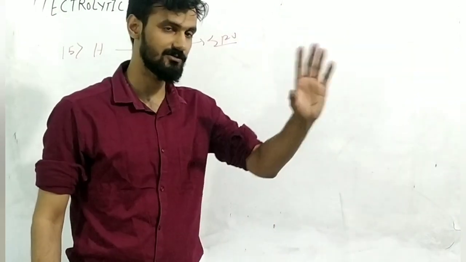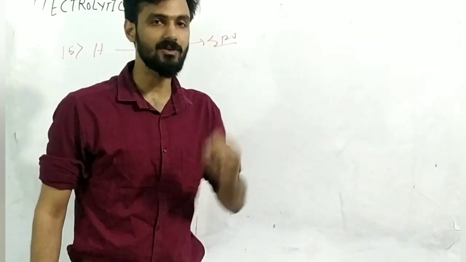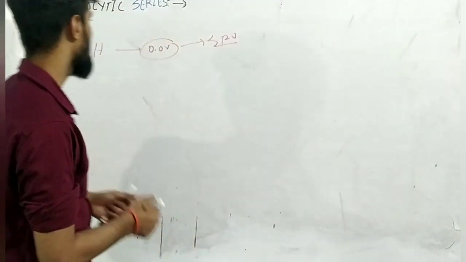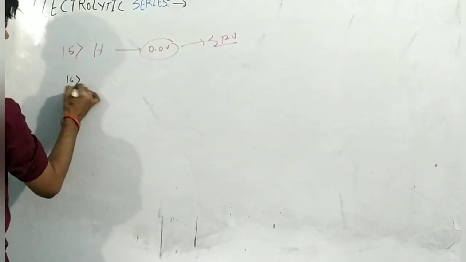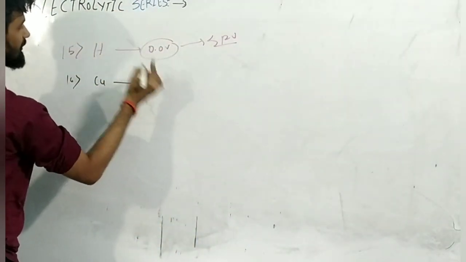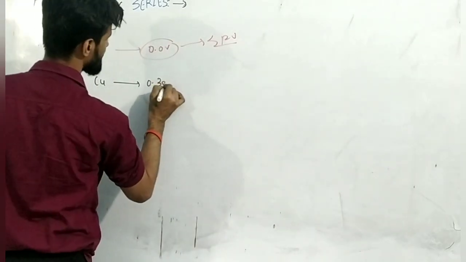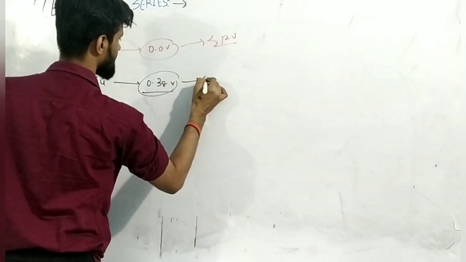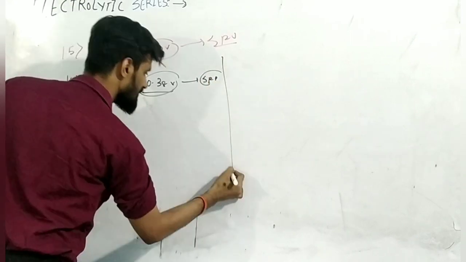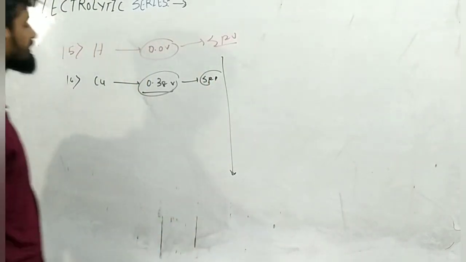After hydrogen, there is number 16, copper, which has, as I already discussed in the galvanic cell, 0.38 volt of standard reduction potential. So after hydrogen, all the substances will have a positive reduction potential.